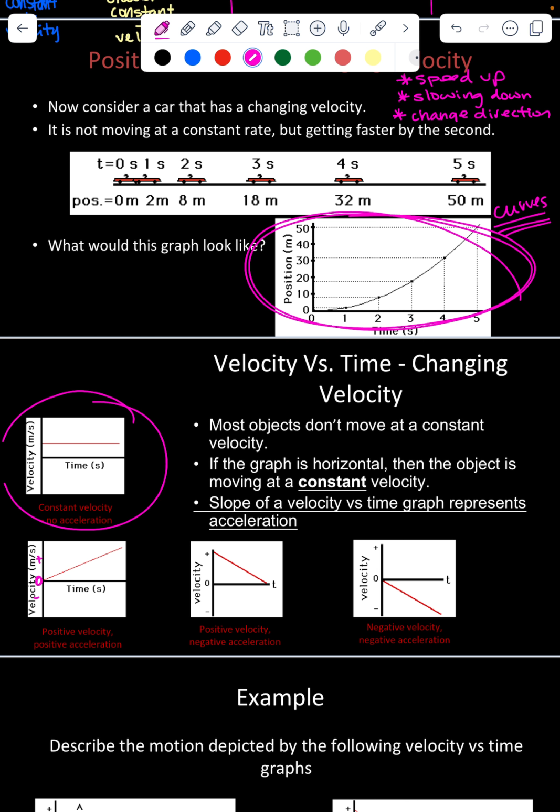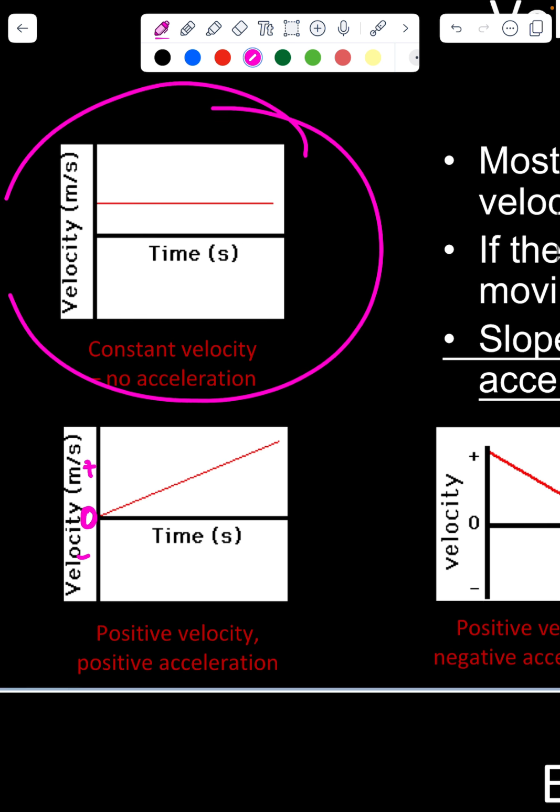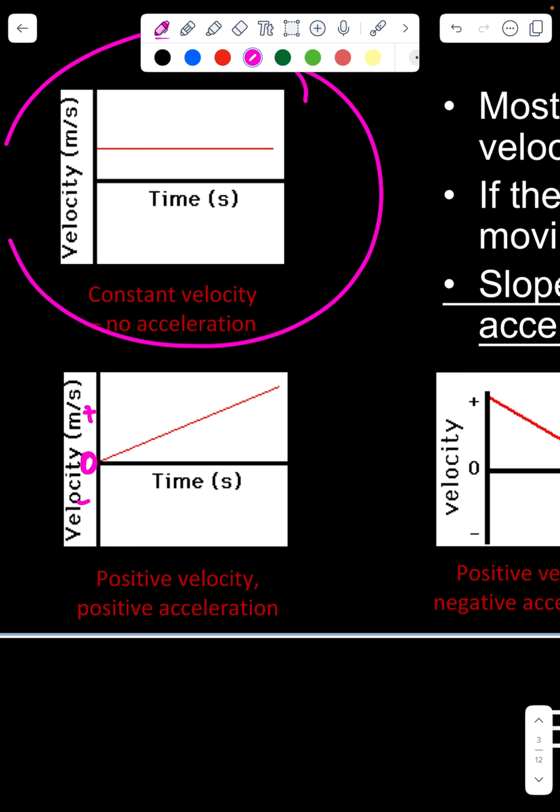If we are looking at this one, we know that it has positive velocity because it is above that x-axis. We also know that it has a positive slope, which means it has a positive acceleration. Whenever we have a positive velocity and a positive acceleration, these are like signs.